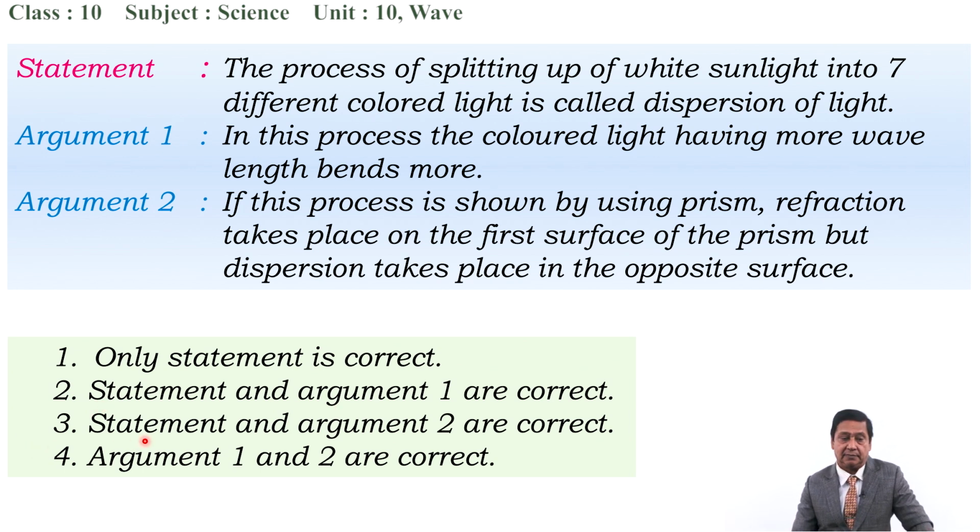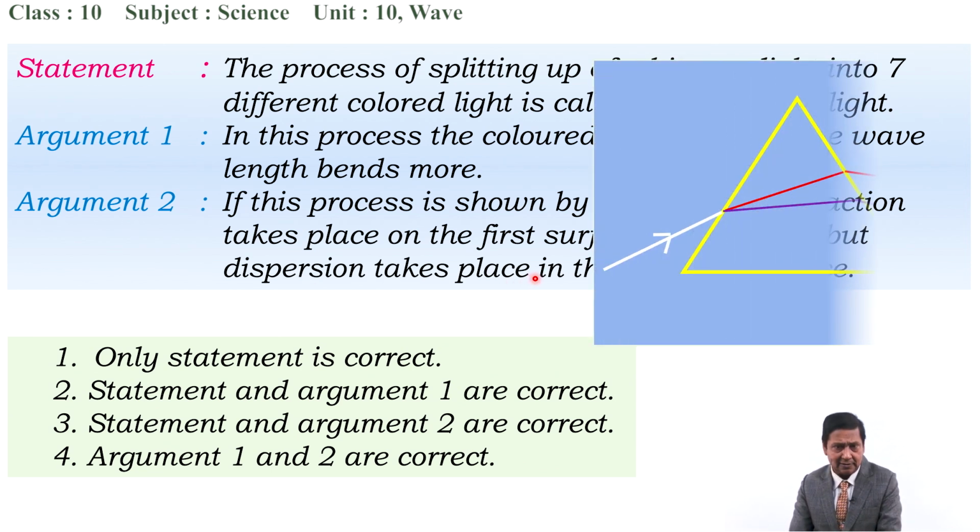Now third: statement and argument 2 are correct. Argument 2 is not seen yet. Let's see. If this process is shown by using a prism, refraction takes place on the first surface of the prism, but dispersion takes place on the opposite surface. First surface, refraction is told, and second surface, opposite surface, dispersion is told.